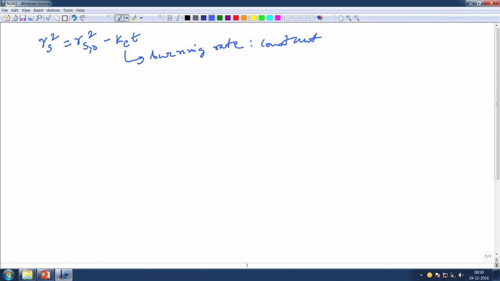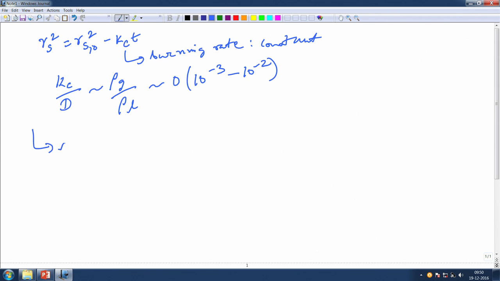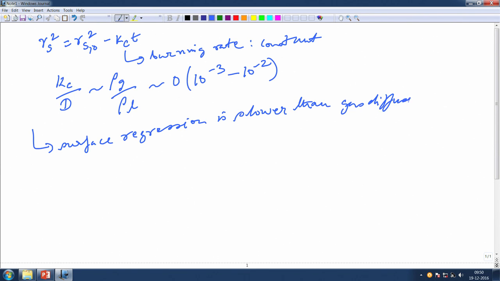Now, remember in previous d square law derivations, we always said that the gas phase is considered quasi-steady, right. So, here also, if you take just the ratio of Kc divided by the diffusion, it comes out to be rho g by rho L, which is of the order of 10 to the power of minus 3 to 10 to the power of minus 2. So, it essentially implies that the surface regression, which is given by Kc, is slower than gas diffusion, which is given by d.